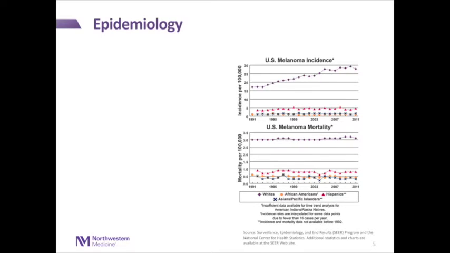Over the past 20 or so years, we can see that the incidence of melanoma in the US has risen. But given the new treatments that have come along on the horizon, the melanoma mortality has actually stayed about level.